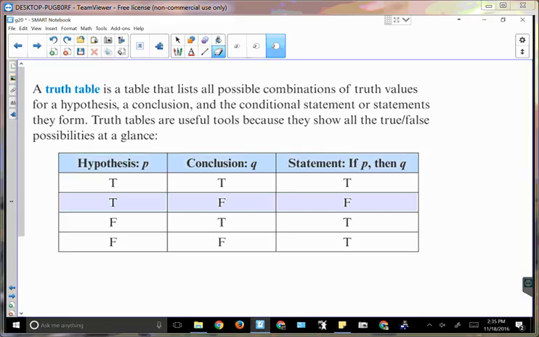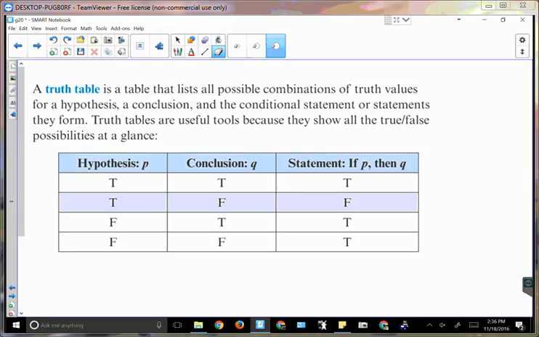So because that is the case, there are four possible things that we have to look at. Hypothesis is true, conclusion is true. Hypothesis is true, conclusion is false. Hypothesis is false, conclusion is true, and hypothesis is false and the conclusion is false.